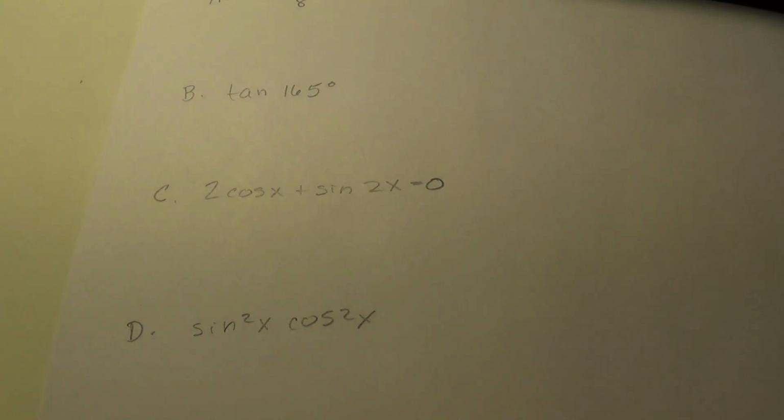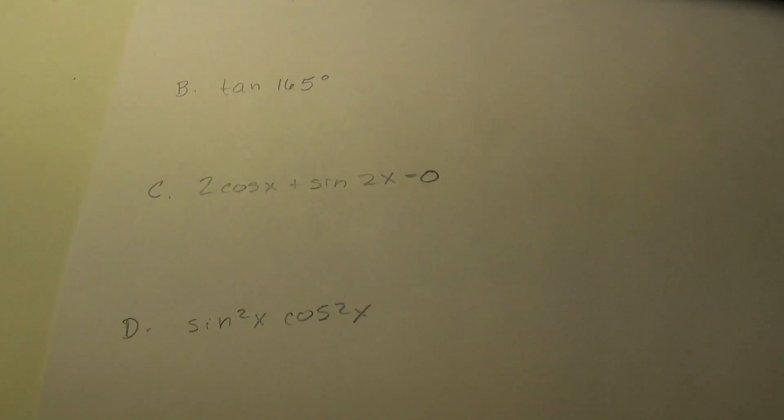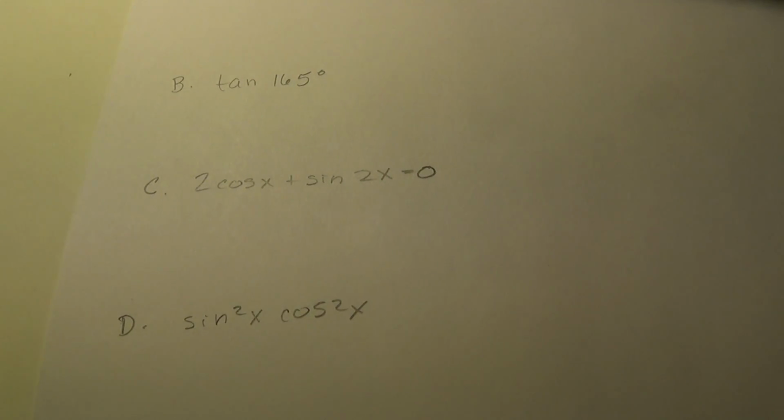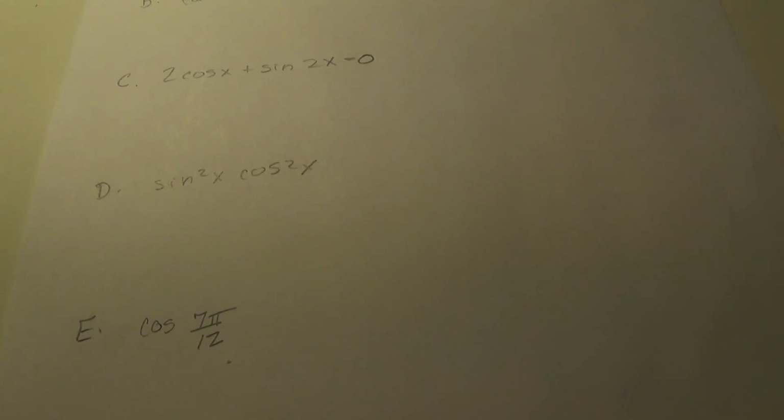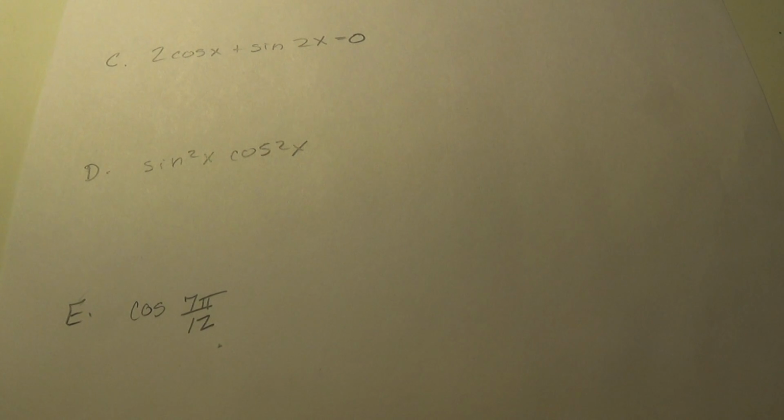We were supposed to use power reducing skills to remove any powers greater than 1. And we were going to find the cosine of 7 pi over 12.